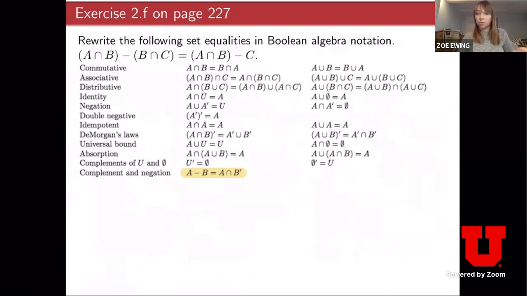All right, that's 1 minute. So using this property, what can we use as the first step in this problem? Complement and negation. Yeah, so let's rewrite it. Does anyone want to volunteer what they rewrote the set to be?